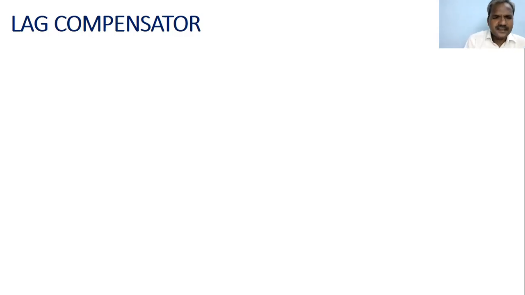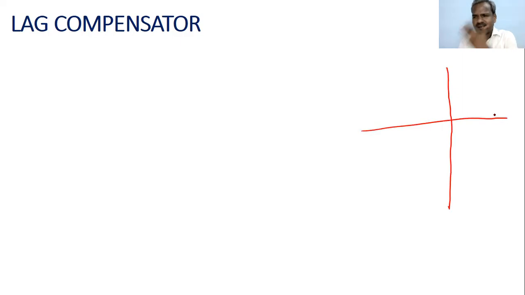Basically, these lag compensators have a simple zero and a simple pole. The simple pole is near the origin in the S plane, with j omega as the imaginary axis and the real axis.